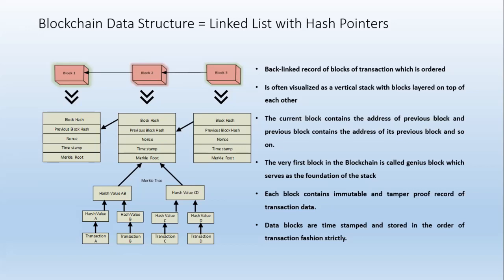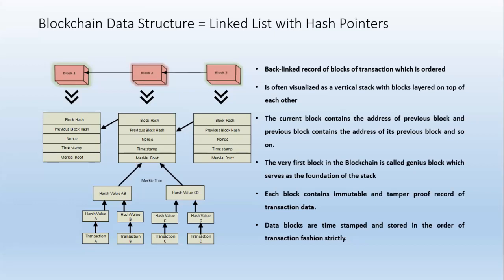Each block in the chain is immutable and tamper-proof, and contains the record of transaction data in an orderly fashion. All the blocks are time-stamped and stored in order of transaction strictly, as I already mentioned.